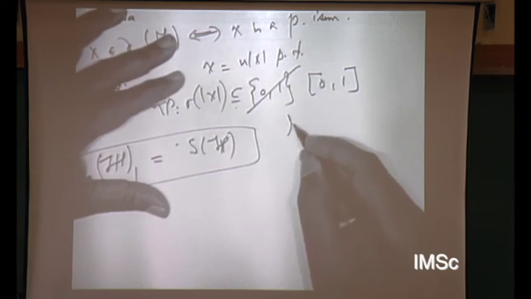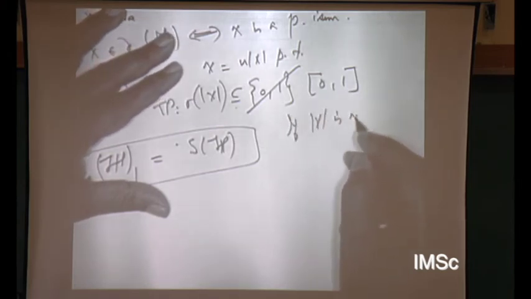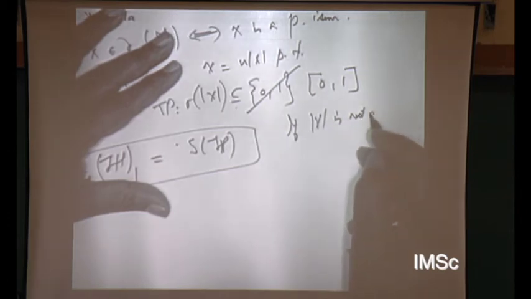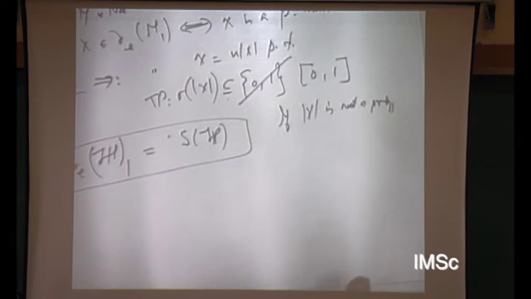So if mod X is not a projection, that means there will be something in the spectrum which is not 0 or 1.